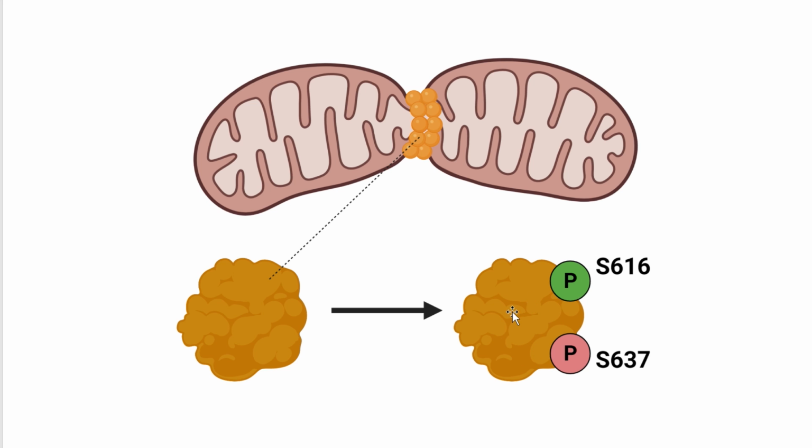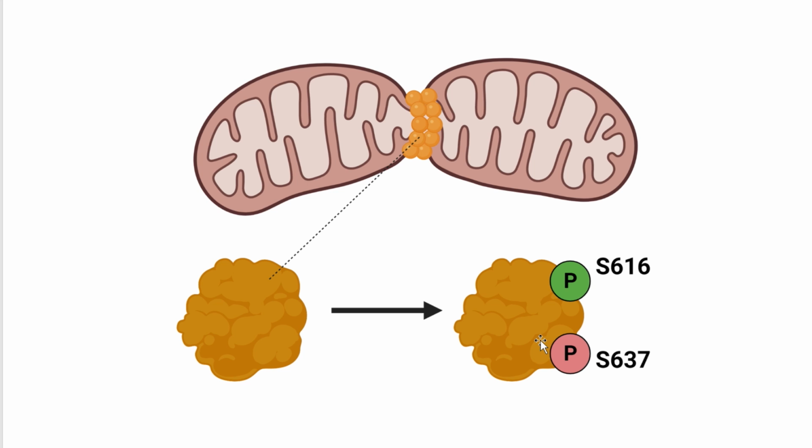The activation of DRP would lead to this collar formation. The inhibition would lead to DRP just floating around the mitochondrion and not going to the mitochondrion to create this collar. But these aren't the only regulations of DRP. There are other mechanisms like nitrosylation, where you add a nitric oxide, sumoylation, where you add ubiquitin molecules, as well as acetylation.